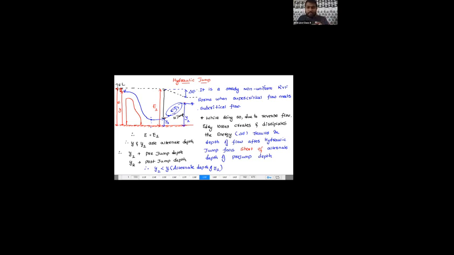So now I hope you understood the meaning of the hydraulic jump and what is happening while doing so. Due to reverse of flow, eddy losses are created and dissipate the energy, which results in the depth of flow after hydraulic jump falling short of the alternate depth of the pre-jump depth.